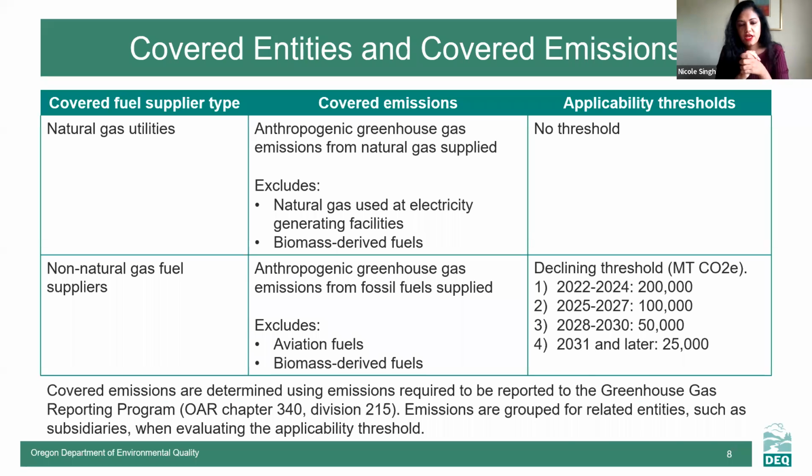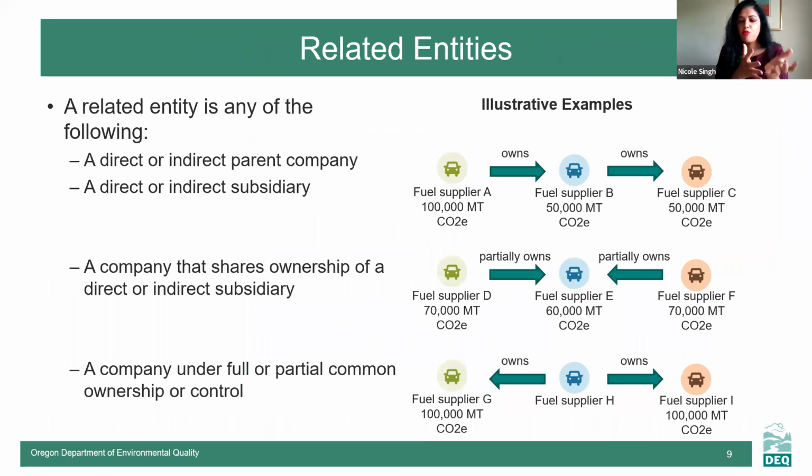I'm going to go to the next slide. The important thing to remember is that when we determine that threshold, whether it's 200,000, we look at all related entities. You can see on the screen some different definitions of what a related entity is, but essentially we group all the related entities together. If that is above 200,000, then every individual related entity is an individual covered fuel supplier under the program.